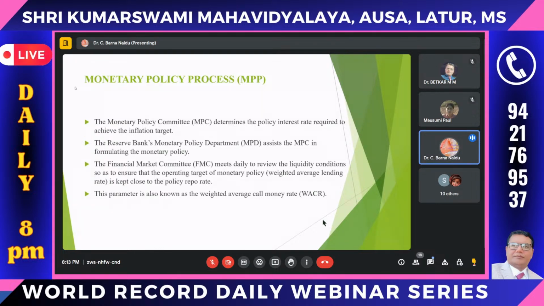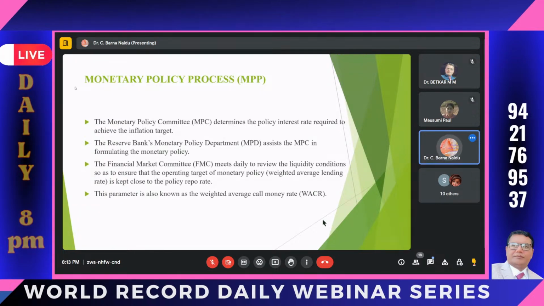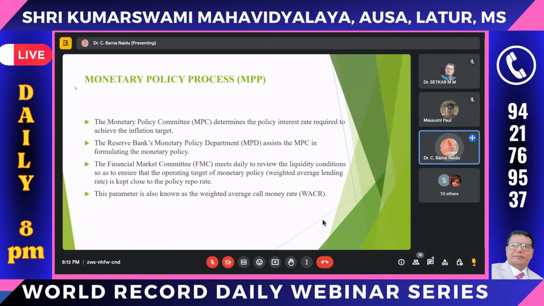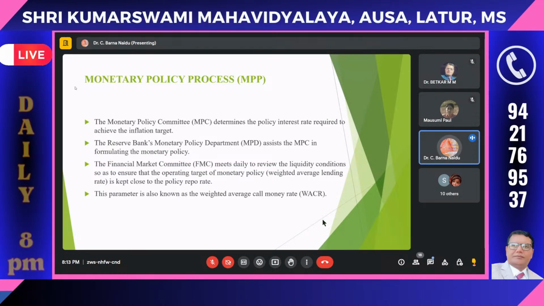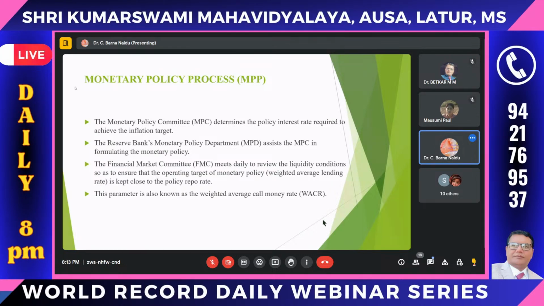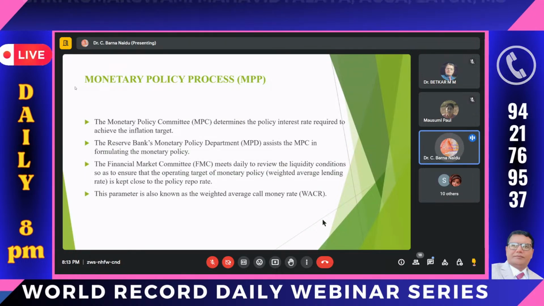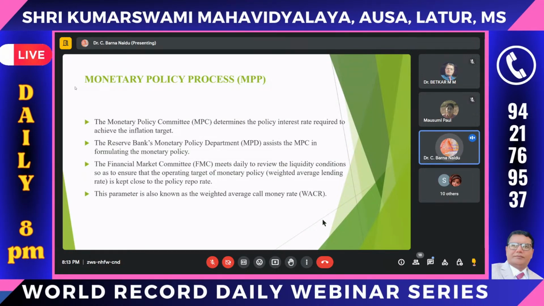Next is the monetary policy process. The monetary policy committee first determines the policy rates required to achieve the inflation target, and after that the department which assists the monetary policy committee formulates the monetary policy.